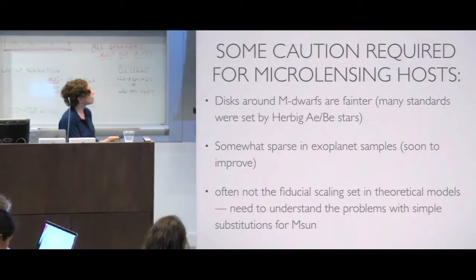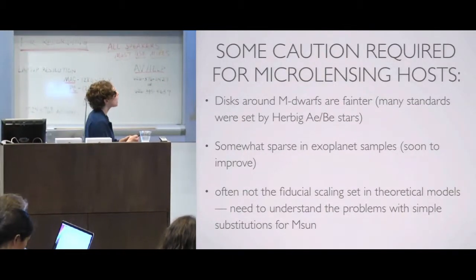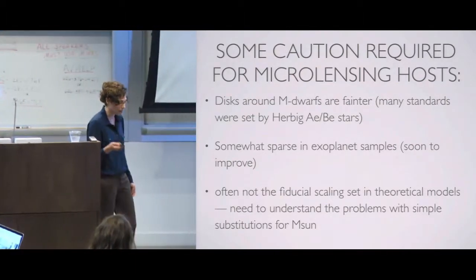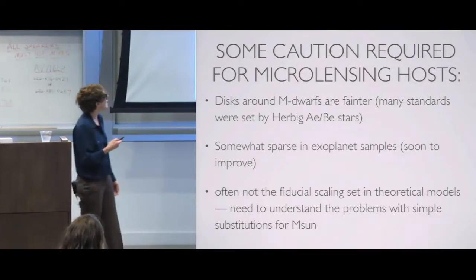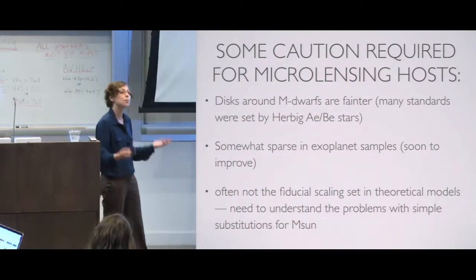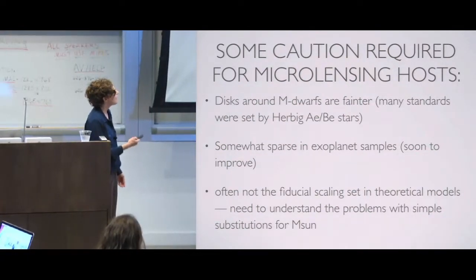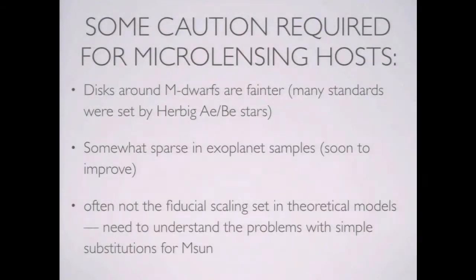A few more words of caution for those who focus on microlensing planets. And this is something that's come up a lot, is that we're talking primarily about M-dwarfs if we're talking about microlensing sources, and that's not necessarily what most planet formation models have been built around. So for example, disks. A lot of these standard stories you might hear about protostellar and protoplanetary disks originated from Herbig AeBe stars because they're bright and easy to see.